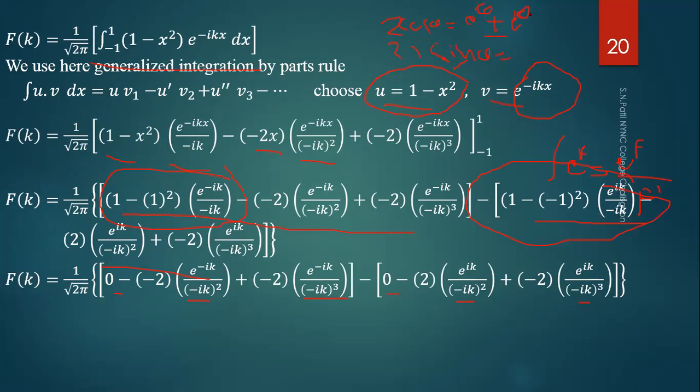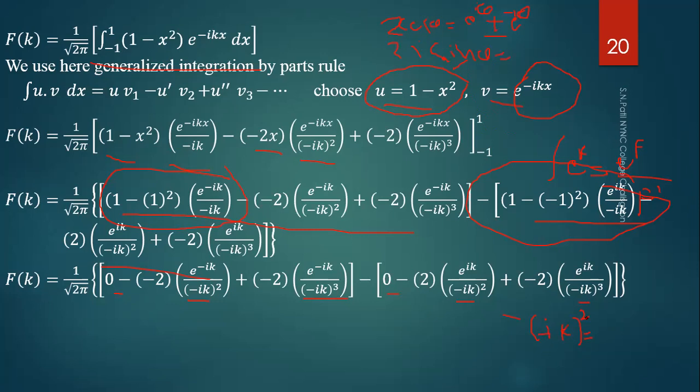Accordingly we construct the term as e^(iθ), and the next second term is e^(-iθ). See here e^(iθ), e^(iθ). So here this minus sign, here minus sign, and this simplification. Let us simplify this term, (-ik) square. There are three factors: the minus sign, i and k.